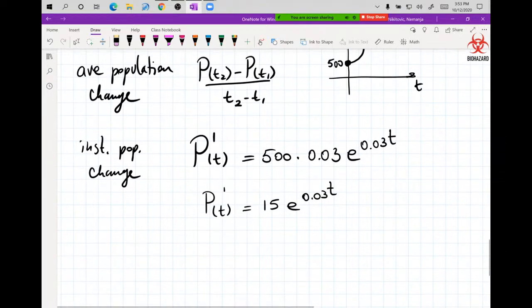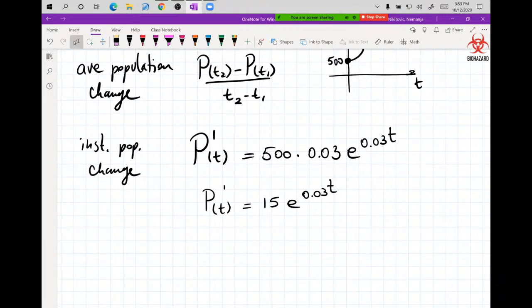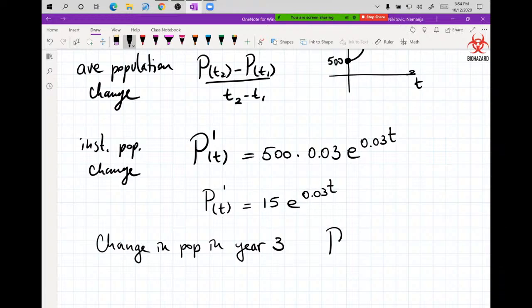So now I can say, what is the change in population in year 3? Well, I'm looking for P prime of 3, and that's very simple. 15 e to the 0.03 times 3.